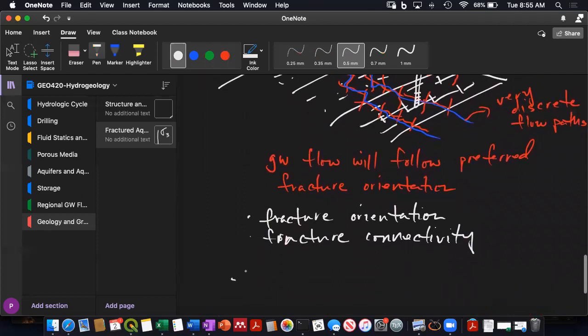So in general, fracture orientation is more important than the bedding.